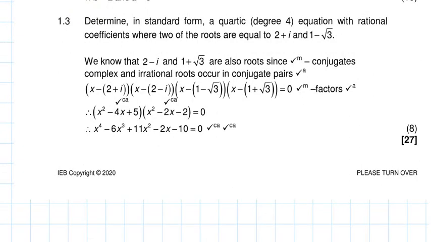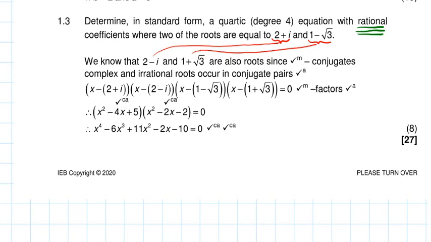Okay, 1.3, the quintic formula. Because it has rational coefficients, that's important. That's how we can just write the other roots. If there is a 2 plus i, then we get 2 minus i. And if we have 1 plus root 3, then we'll get 1 minus root 3, and they come together.